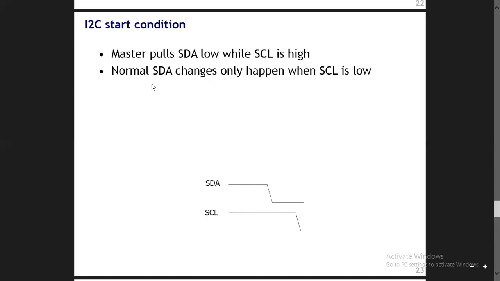And normal SDA changes only happen when SCL is low. Okay, this is basically the identification of the start condition, and this tells when SDA is allowed to change its state.